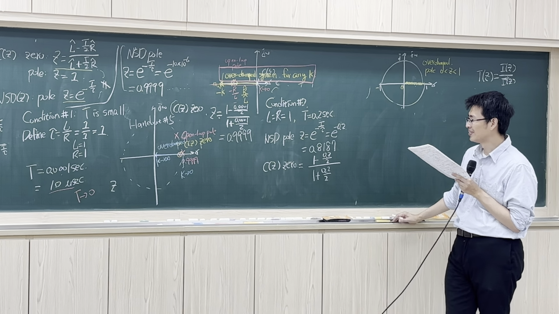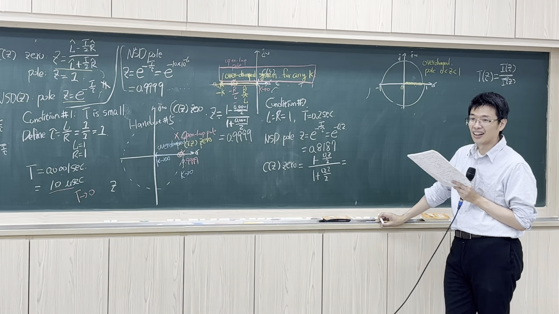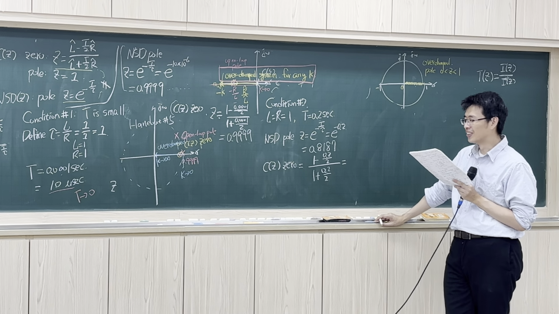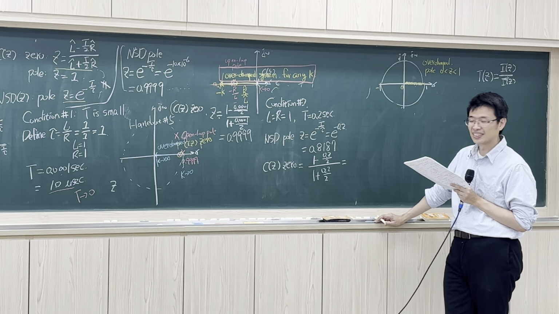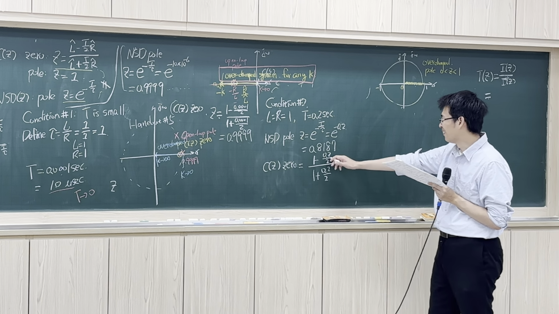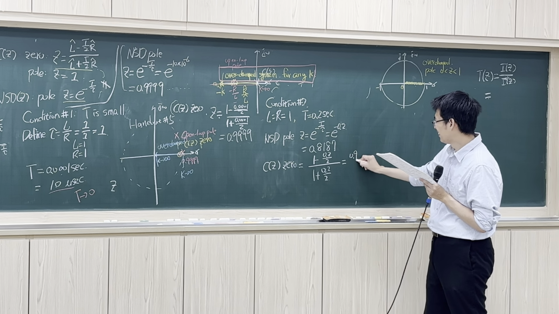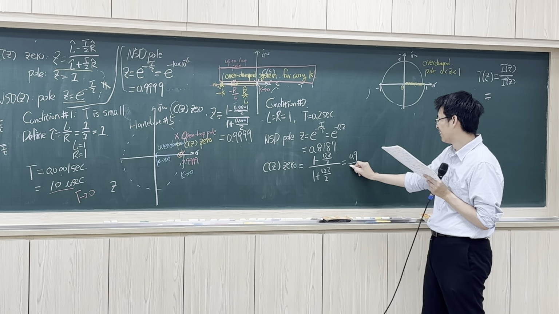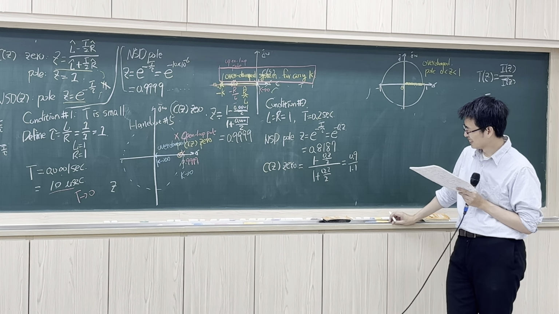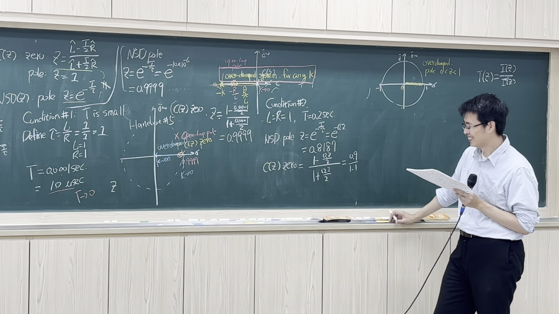How about the number for CZ zero? It is equal to 1 minus 0.1, 0.9, divided by 1.1.